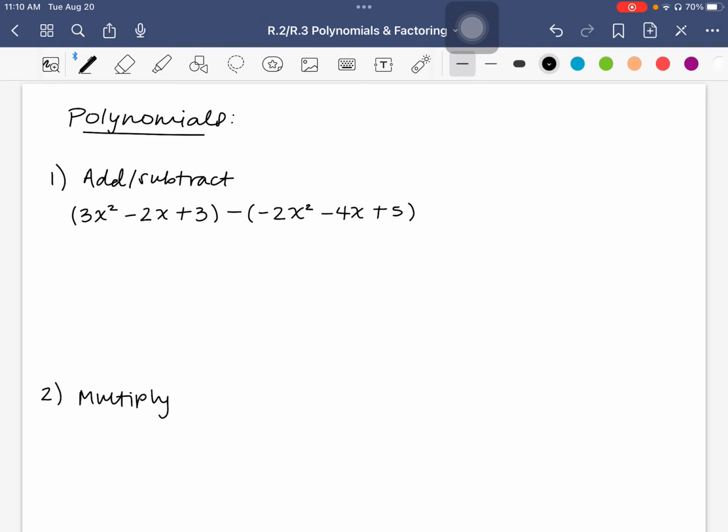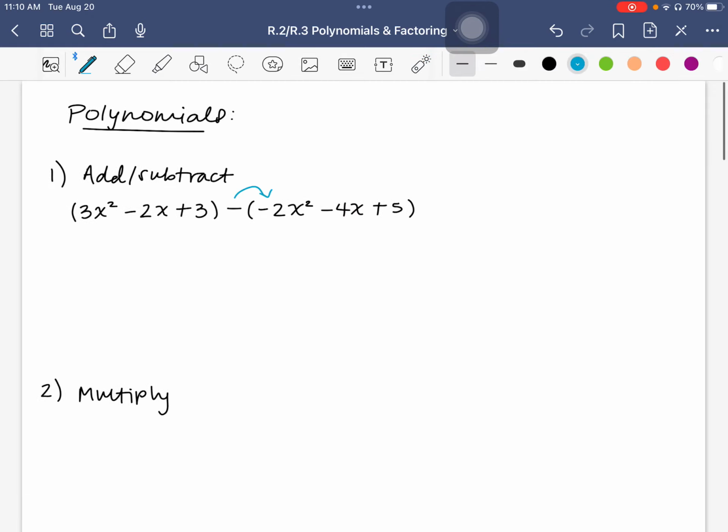And the first thing that we want to do is distribute this subtraction to each term. And so we still have our 3x squared here, minus 2x plus 3. And then distributing that minus sign, we get positive 2x squared, positive 4x, and minus 5.